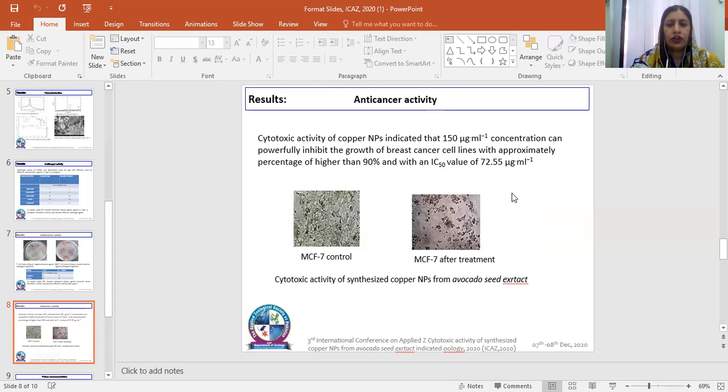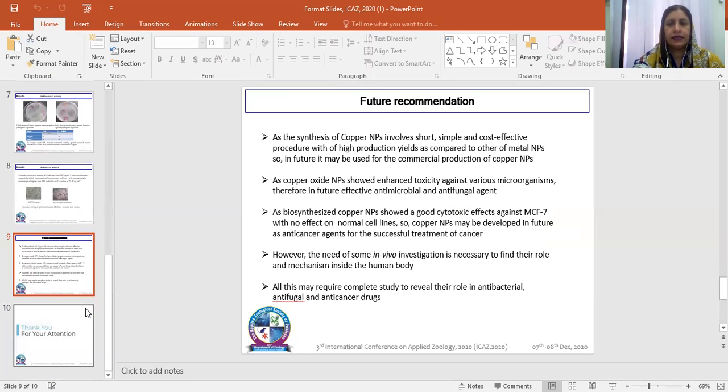Cytotoxic activity of the synthesized copper nanoparticles of avocado seed extract was very good, and it may be used in future as an anti-cancer agent after further research.